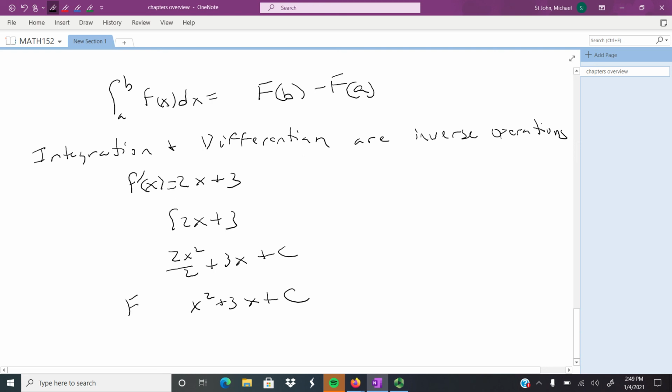And this was the original function, right? And then if I had a bit more information, I could actually tell you what the c is. So if I had a bit more that I knew about this. And if I were to start out with x squared plus 3x plus some number, and then I took the derivative, I would end up at 2x plus 3.